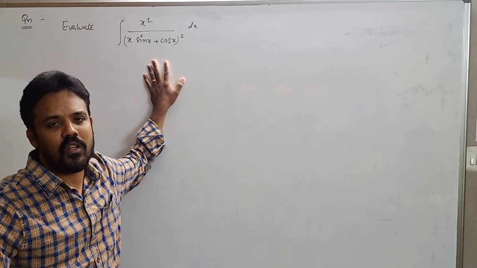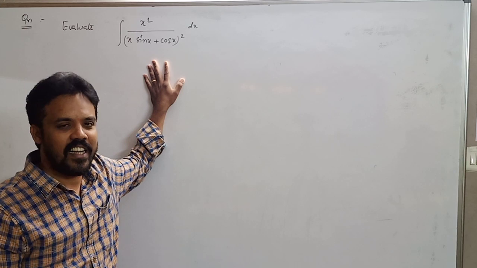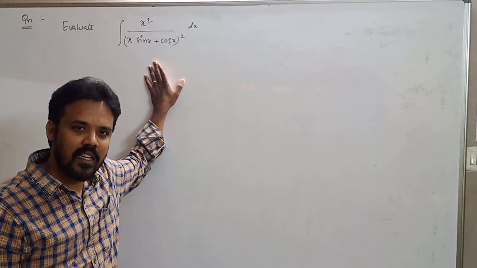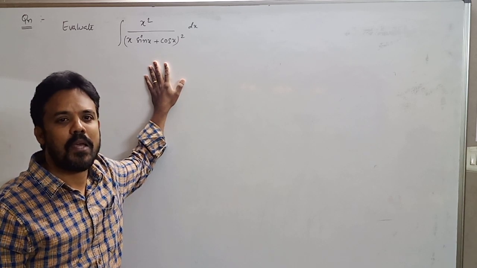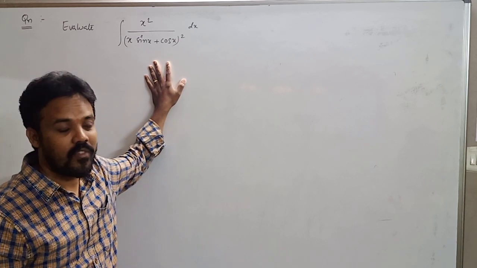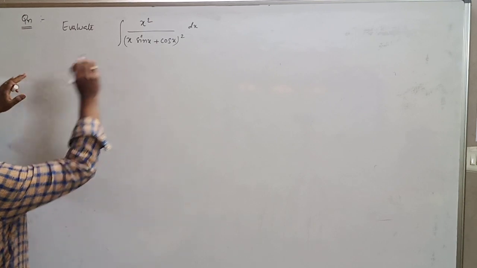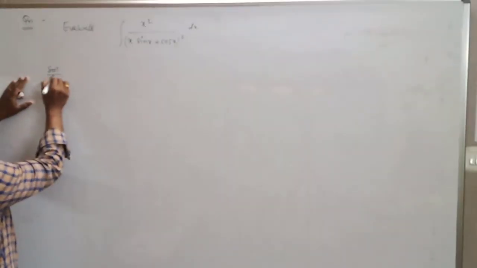Of course, not using partial fractions and reduction. There is a chance of using integration by parts. This is a very important and different one that you should get the idea of. Otherwise, this problem won't be solved.